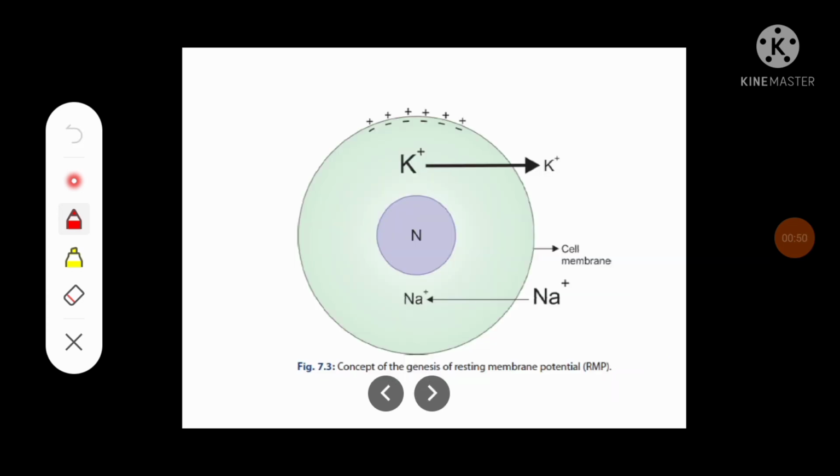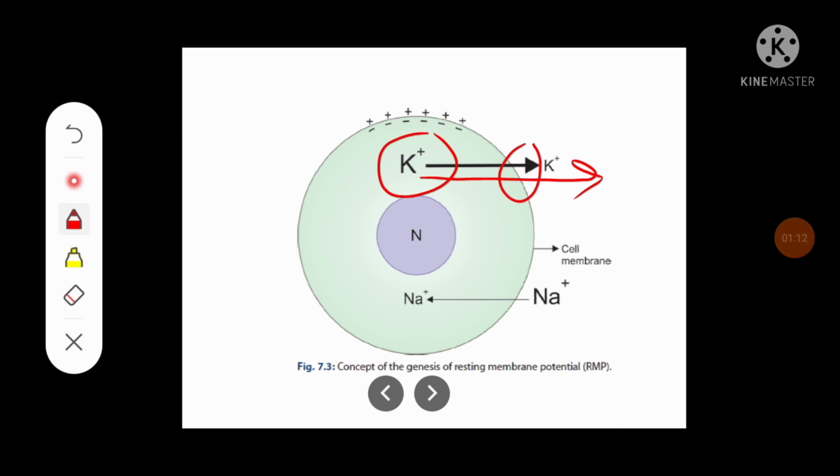So here you can say, when intracellular potassium is high, it tries to move out of the cell, and then an electrical gradient is produced for potassium that tries to move the potassium ion inside the cell, and thereby equilibrium occurs, so that is called the Nernst potential for potassium.